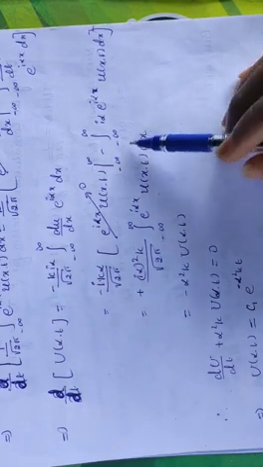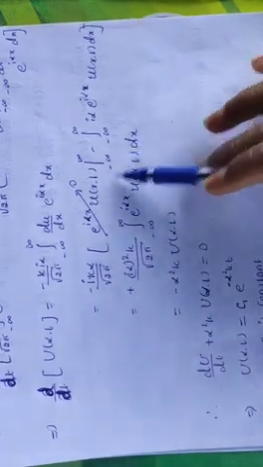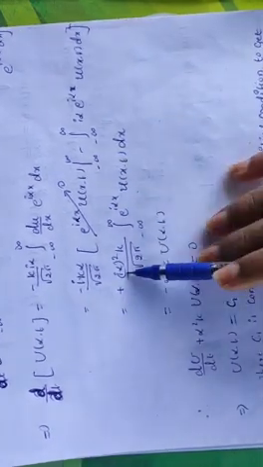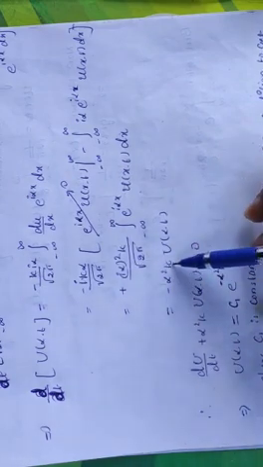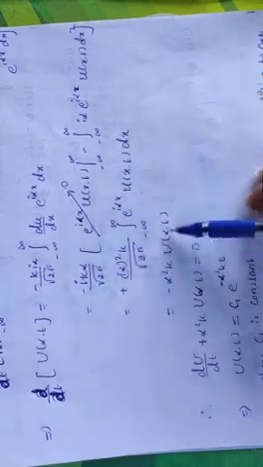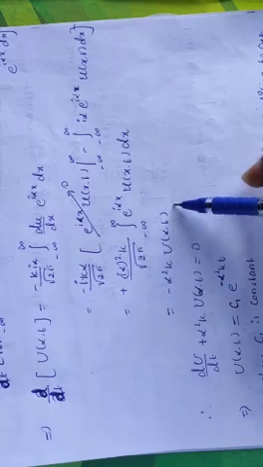Okay, again by using the definition, this equation can be represented as, i square means minus 1, so here minus alpha square k into, by the definition this can be represented as capital U of alpha comma t.